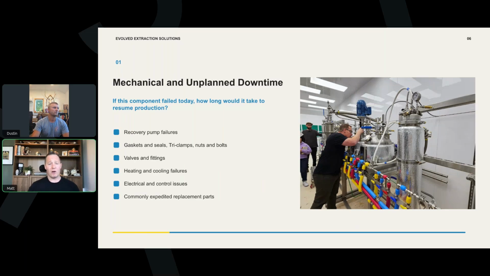We're doing a lot of work now with groups that are starting to implement completely separate redundant chilling systems that can be swapped over for either maintenance or unplanned downtime. Those are groups that have felt the bite of downtime and have put a number on it. And we're going to share some of these tools with you guys as well.